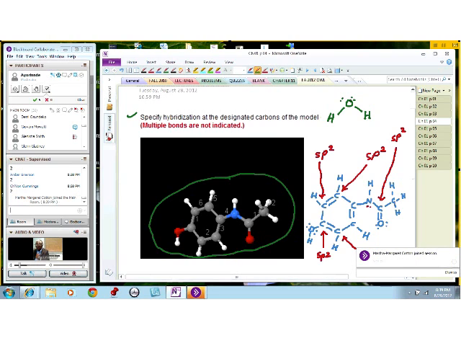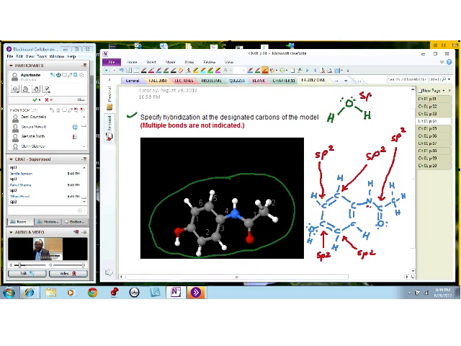Based on what I've just told you, how many atoms are attached to this oxygen? 4. With regard to hybridization, that is the way you look at this. So if I ask you, what is the hybridization of oxygen? sp3, excellent.